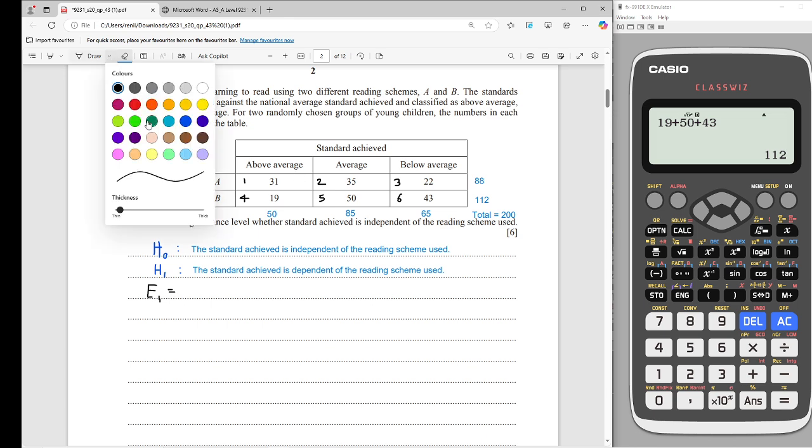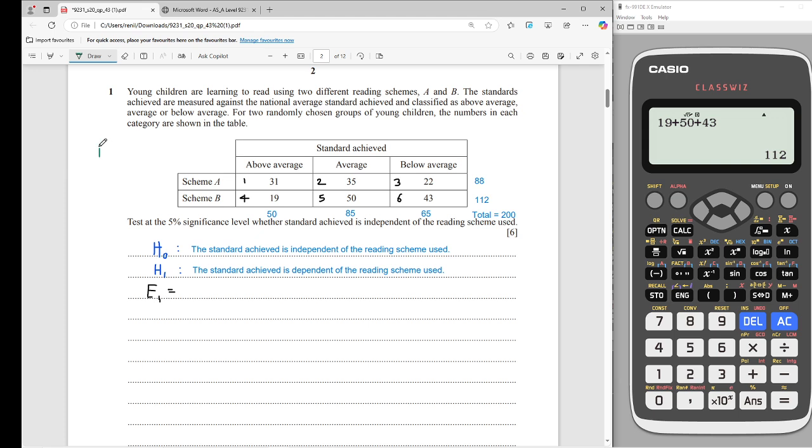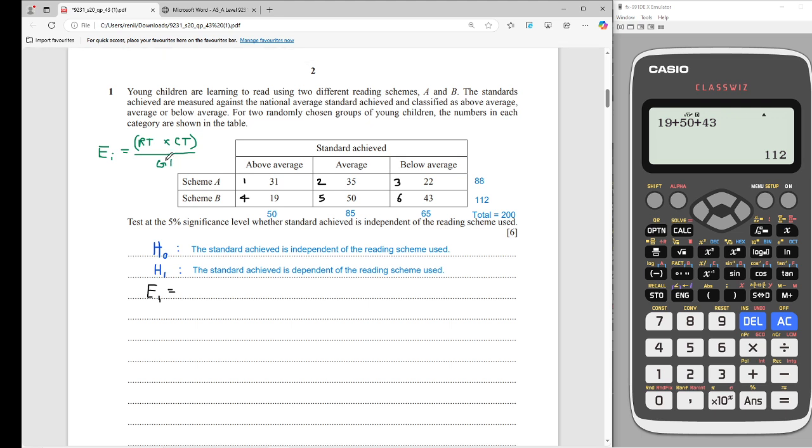E of i equals the corresponding row total times the corresponding column total, and when you multiply these together, you divide by our grand total, which is 200 in this case. This is the formula used to calculate the expected value for every single chi-square test.